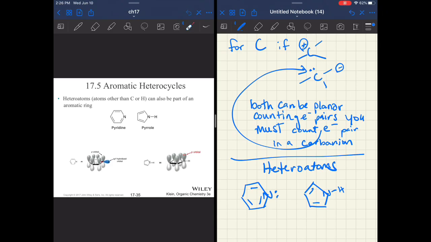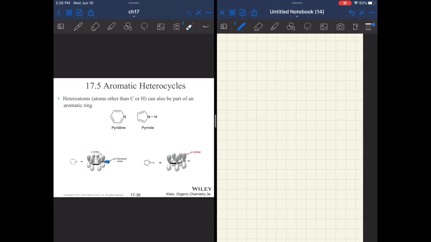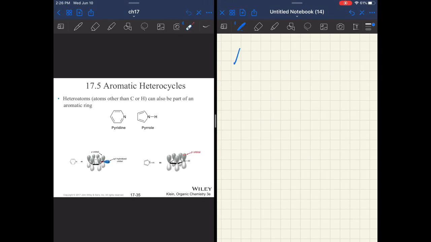They're both aromatic. So let's think about that for a moment. It might be easier to understand why pyridine is aromatic because it looks so much like benzene, but you want to be careful about nitrogen.